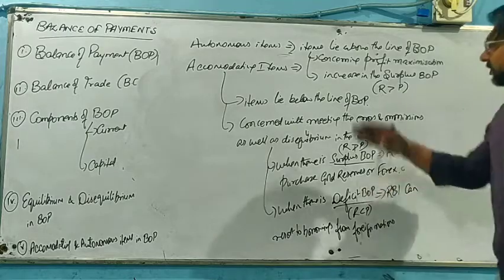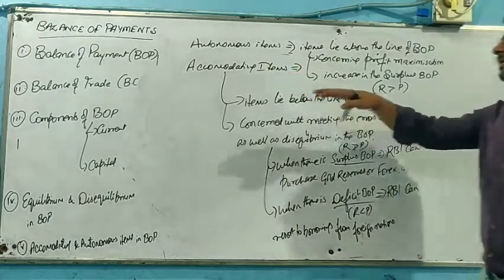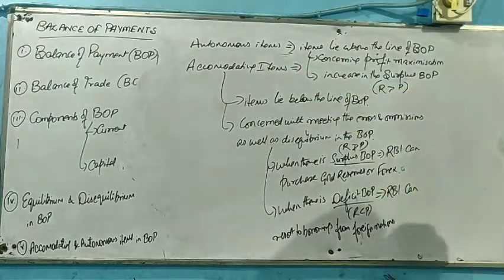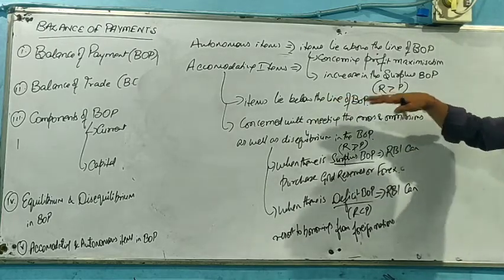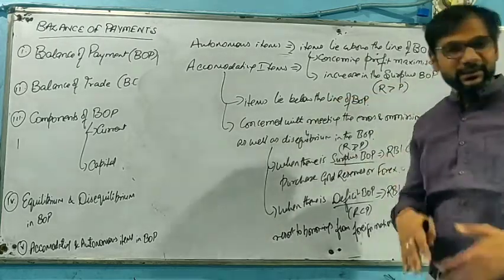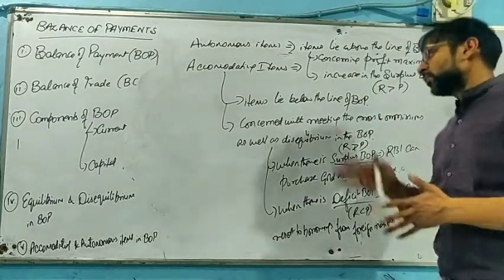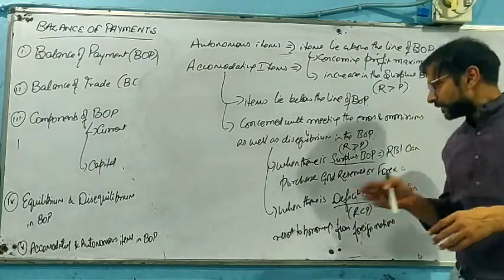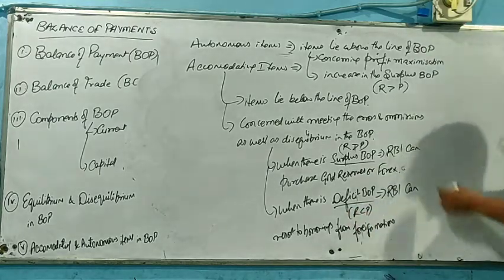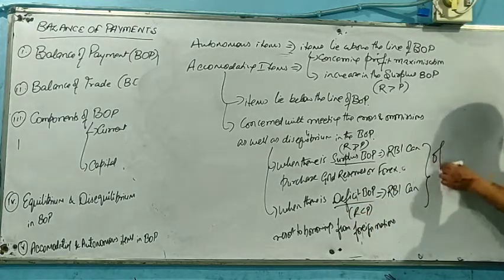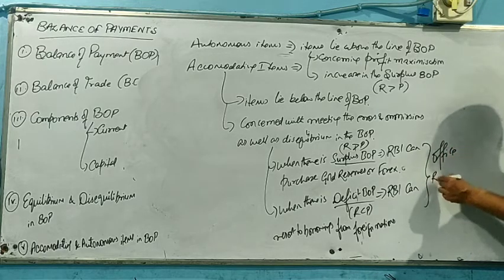So, whenever the accommodating items are being concerned, they lie below the line of BOP, and since they are not the main contents of the BOP, their role arises only when there is surplus or deficit in balance of payment, and they usually work through the process of official reserves.